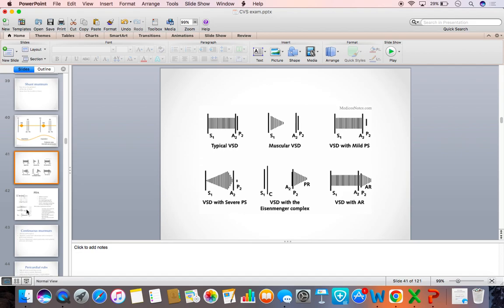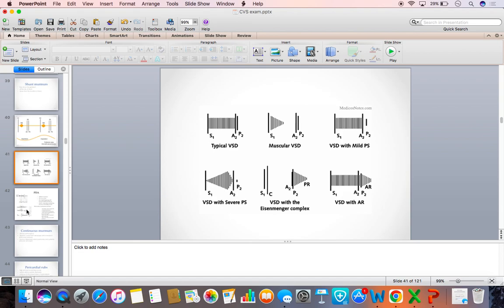This slide shows transsystolic murmurs, the ejection systolic murmur and the VSD murmur, and how they show variation. The typical VSD murmur is pansystolic, and in muscular VSD the murmur is a short systolic murmur.